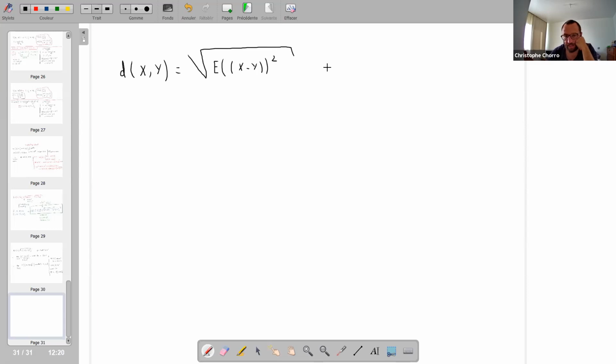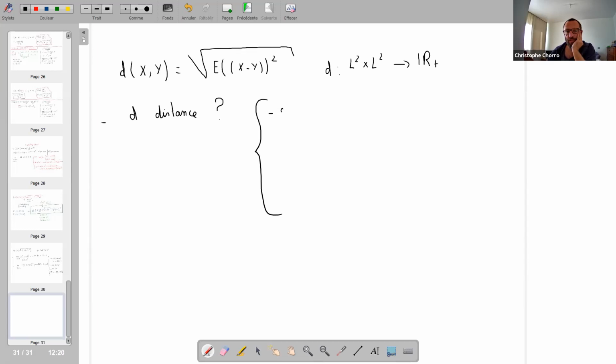And here d is defined from L2 times L2 into R plus. I want to prove that d is a distance. What is the meaning of a distance? I need to check 3 points.